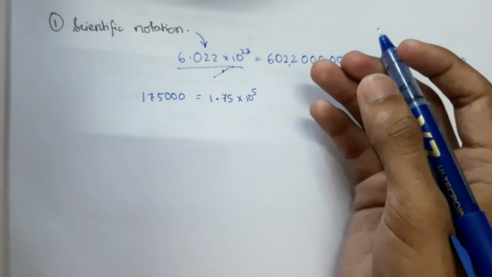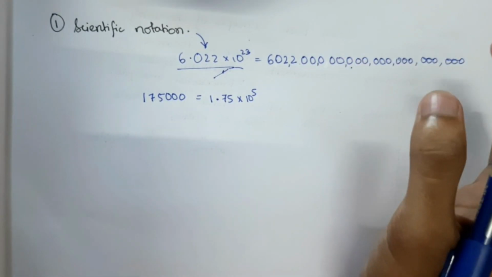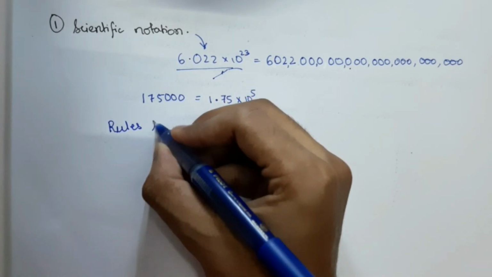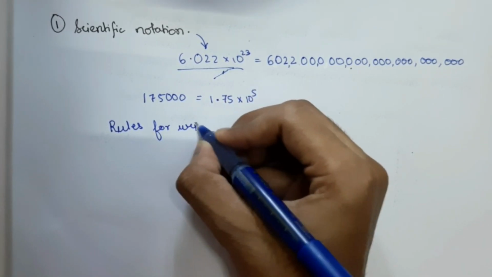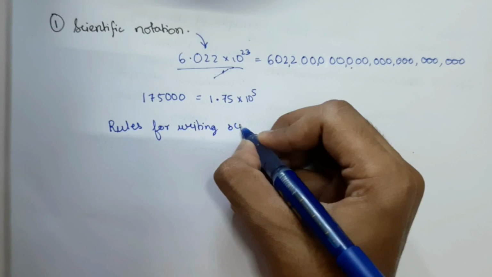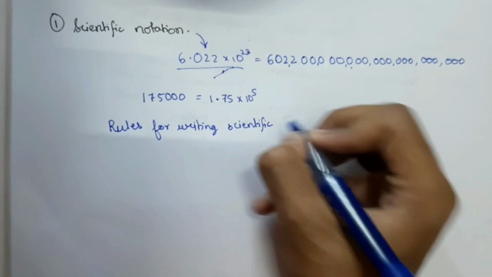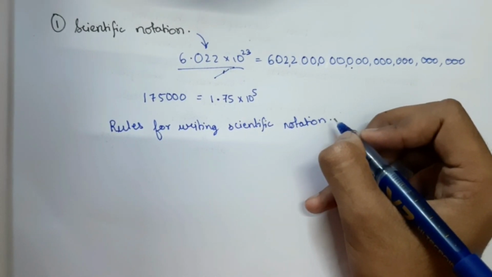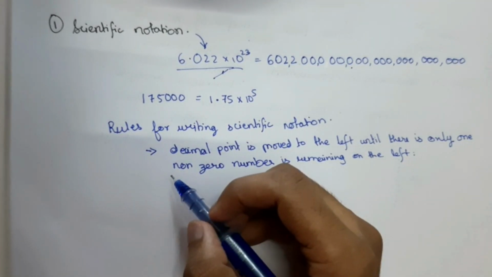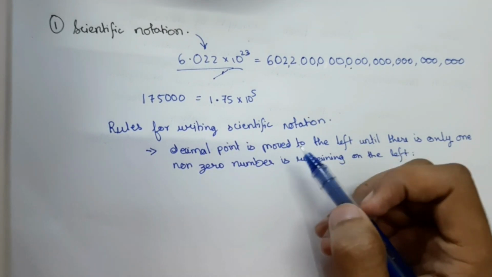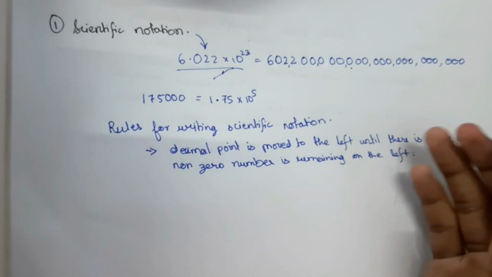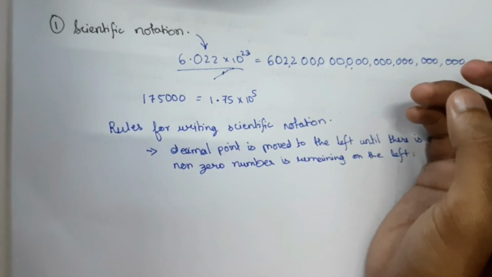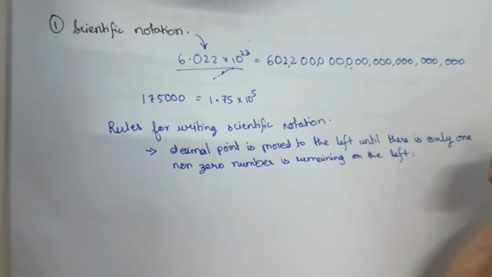So we need to know what are the rules of writing scientific notation. The first rule of writing scientific notation is that the decimal point is moved to the left of the number until there is only one non-zero number remaining on the left.